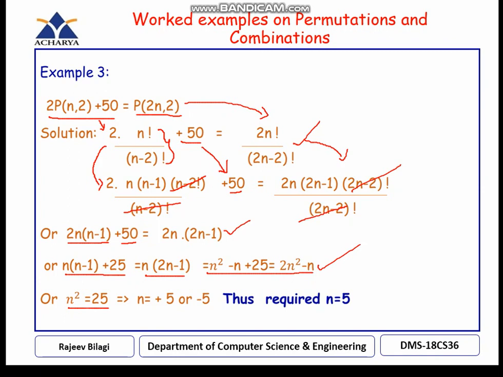That is, this n gets cancelled. Then 2n square minus n square is n square. So you are left with n square is equal to 25, which is equal to plus or minus 5. So hence the required number n is equal to 5.